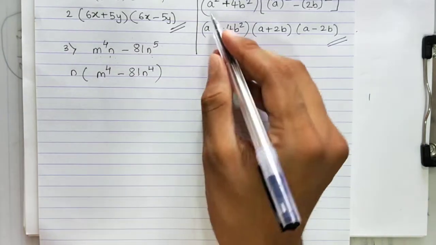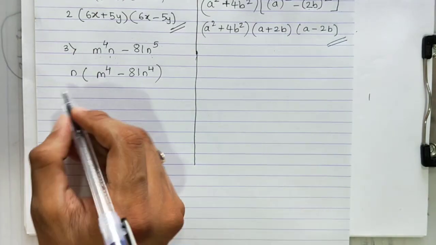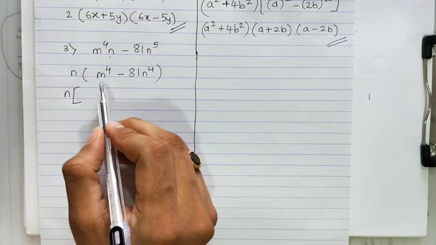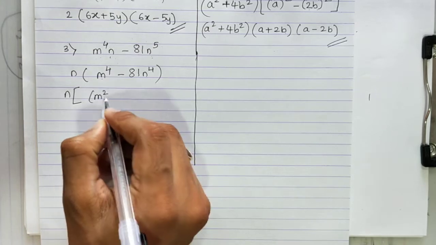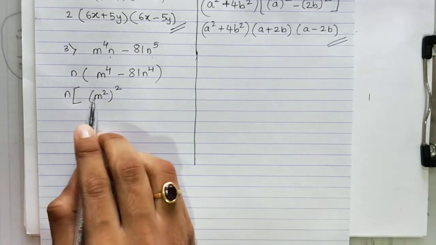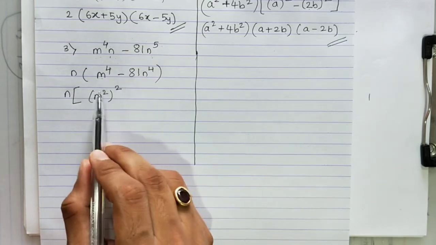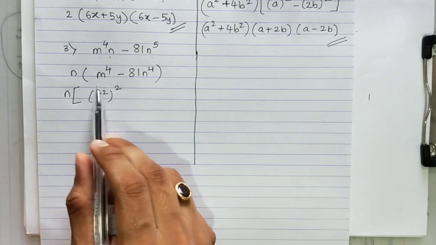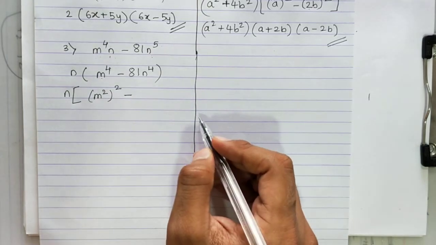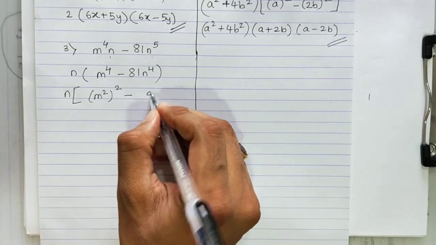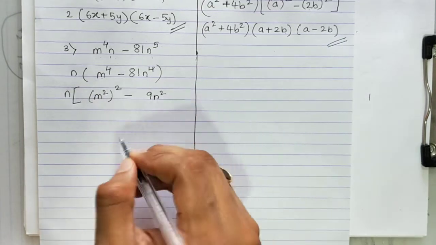Okay, now this m4 can be written as the square of m square. M square becomes m4. Whenever you have 4, now remember it is 2 into 2. Okay, minus 81 is the square of which number? 81 is the square of 9. n4 is the square of n square.